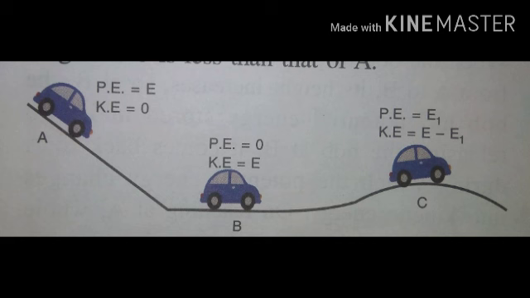At C, it has potential energy equal to E1 and kinetic energy equal to E minus E1. So the total sum of kinetic energy and potential energy is conserved, that means constant. These are the examples where we see the conversion of potential energy into kinetic energy.